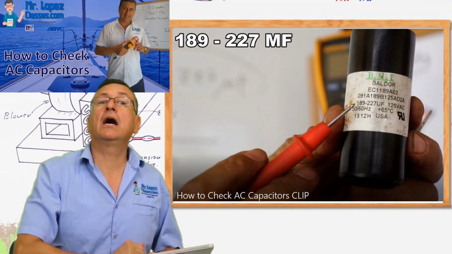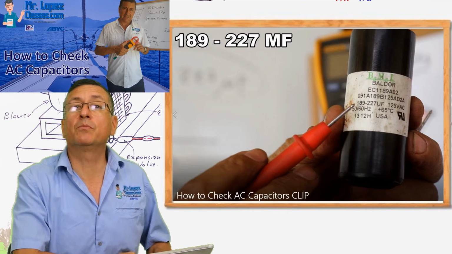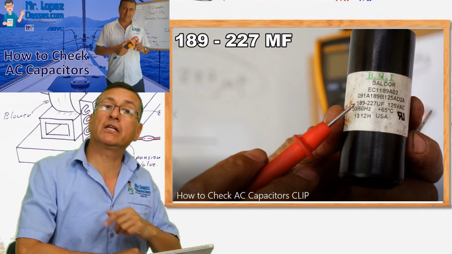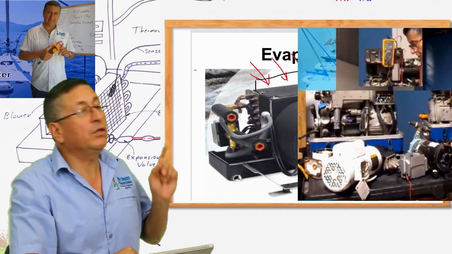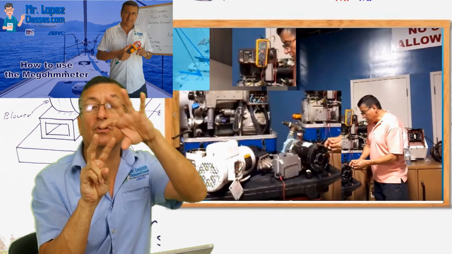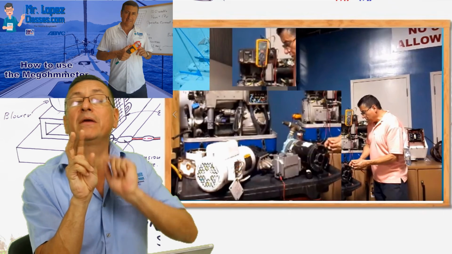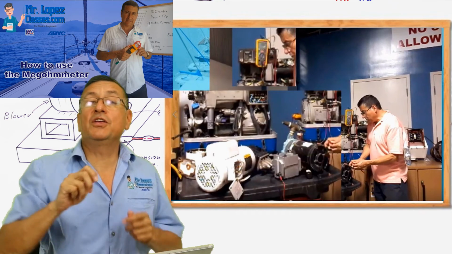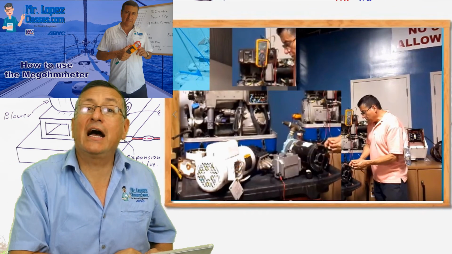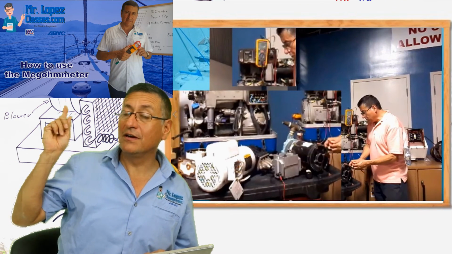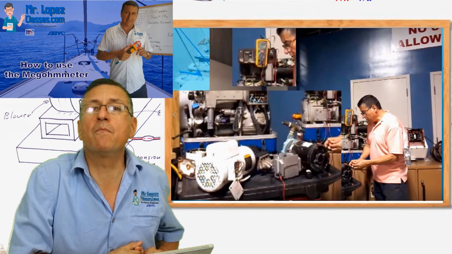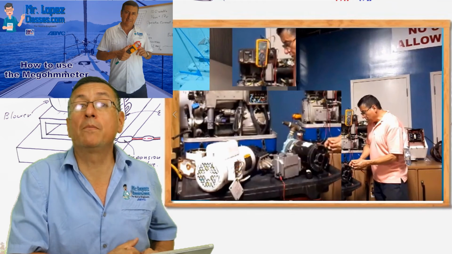Check my video how to check a capacitor. It's too simple. You disconnect the capacitor, and you check the capacitor. In that moment, when you have the cables of the motor free, you can use the megometer, and you can use that video how to use the megometer to check the condition of the winding of the motor of the blower.